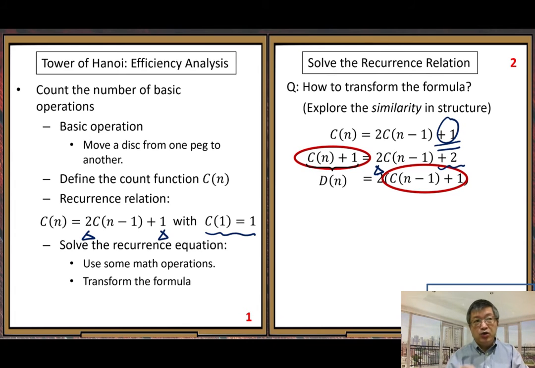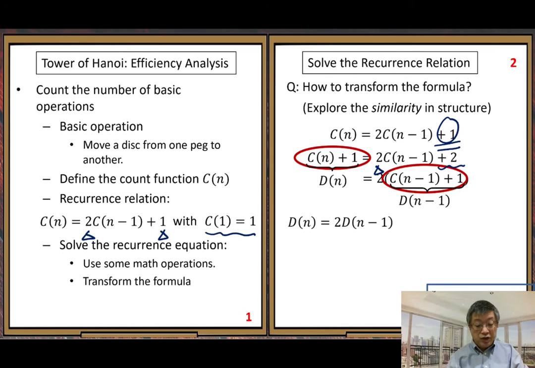Because with this kind of similar structure, we can introduce a new function to represent that structure. So we introduce a new function d of n that equals c of n plus 1. After we define this new function d of n, we can make our original recurrence relation simpler, because the right-hand side becomes 2 times d of n minus 1.